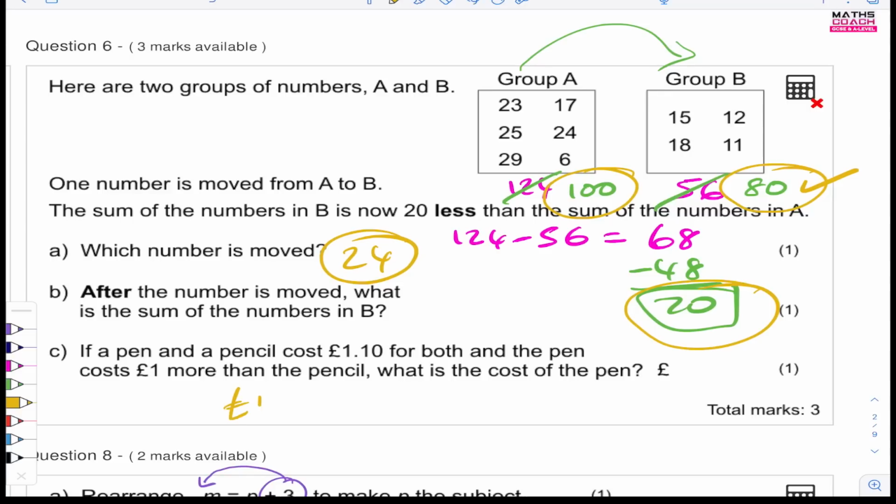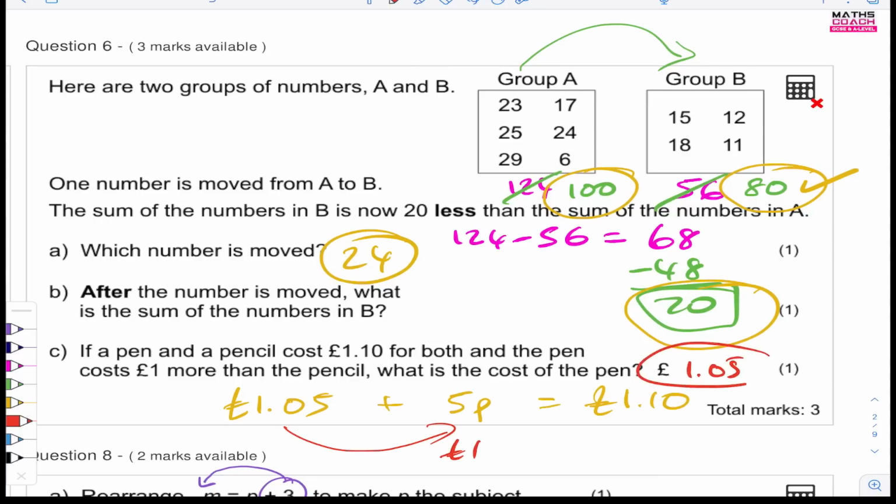However, if you say that the pen costs £1.05 and the pencil costs 5p, when you add these two up, you get £1.10p, and if you look at the difference between those two, the difference is £1. So the cost of the pen is £1.05.